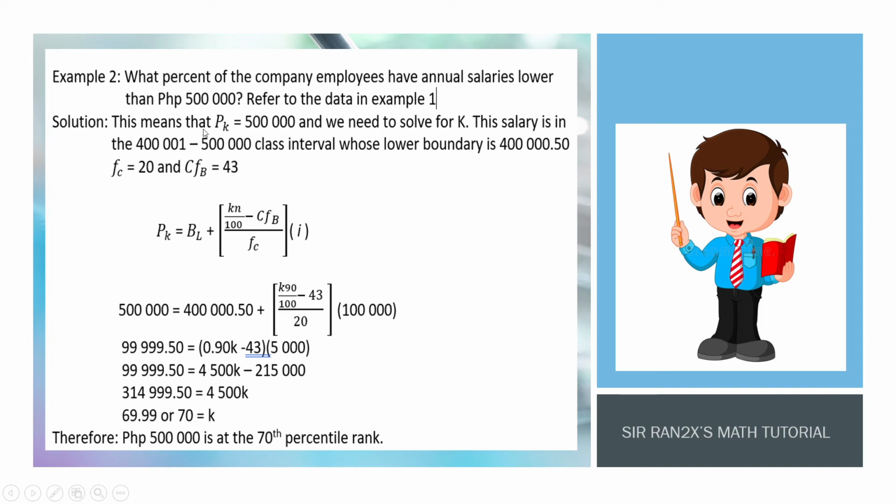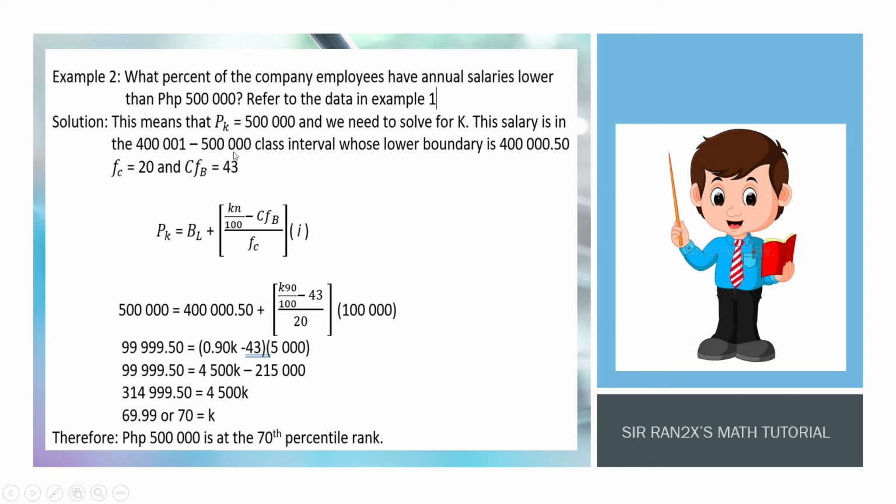This means that P sub k is equal to 500,000 as given, and we need to solve for k, the percentile rank. This must be a small letter k.